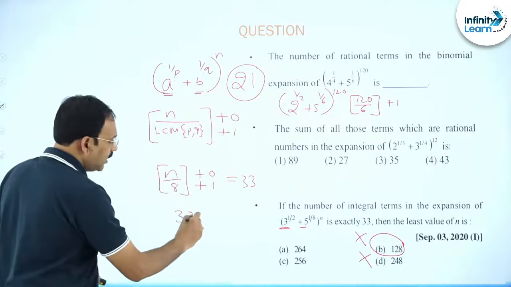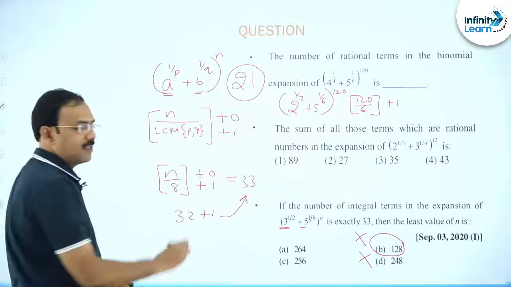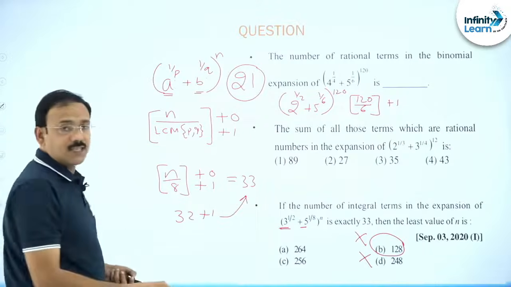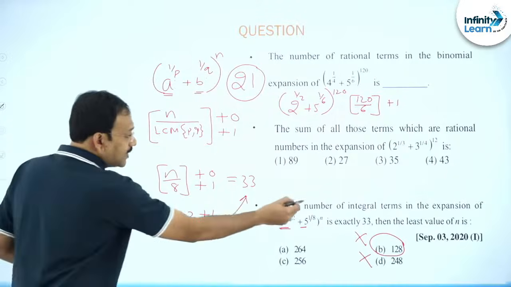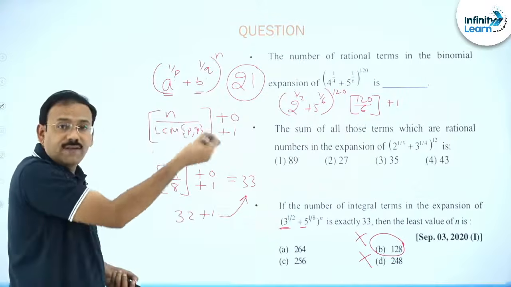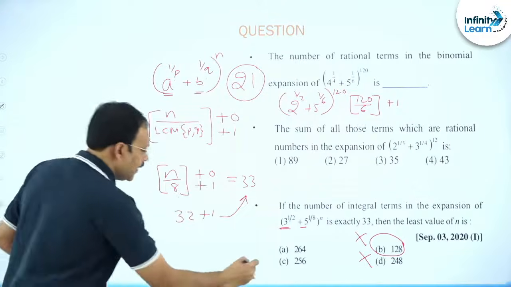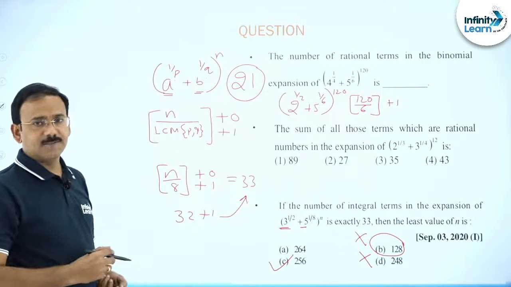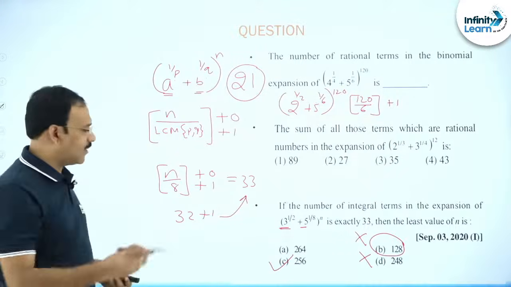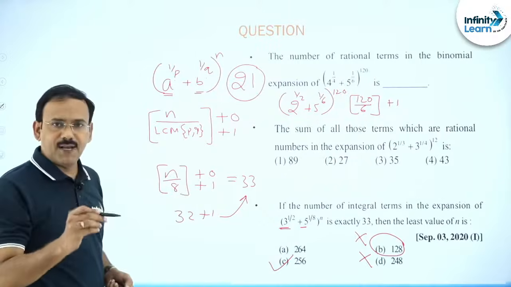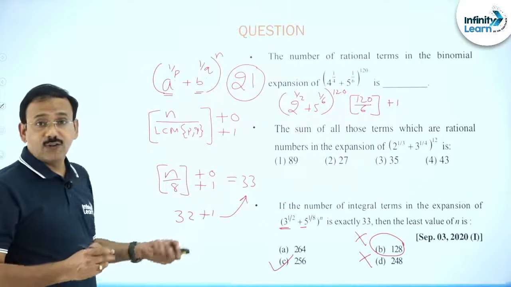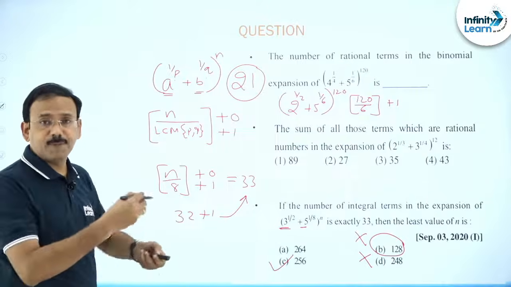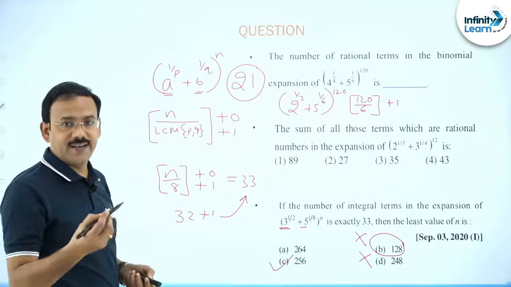You see, 32 plus 1 we will get 33. Can I take 256? Yes, if you take n is 256, since 2 divides 256, plus 1 is required, it fulfills our purpose. So, 256 is the answer. No calculation at all, a simple shortcut I have applied to find the answer. Of course, I have taken the help of options to identify the answer clearly.